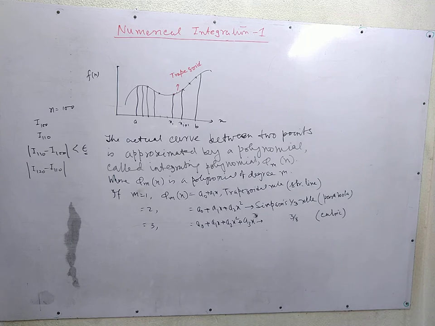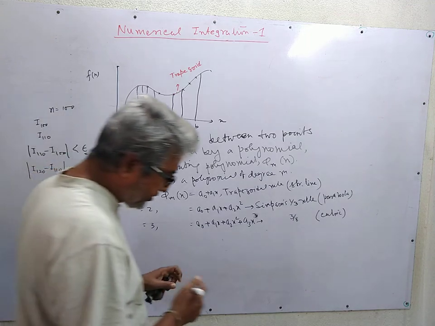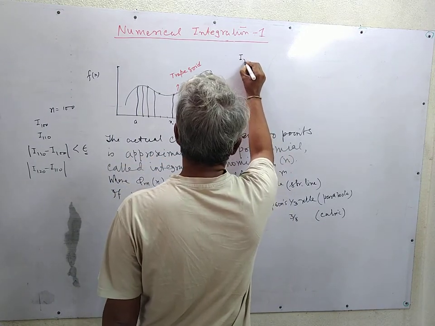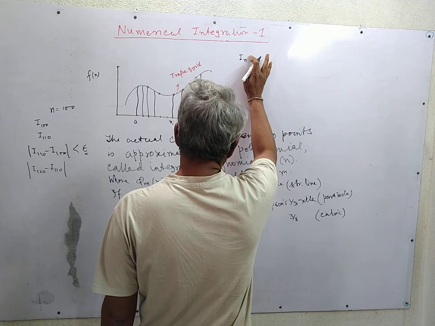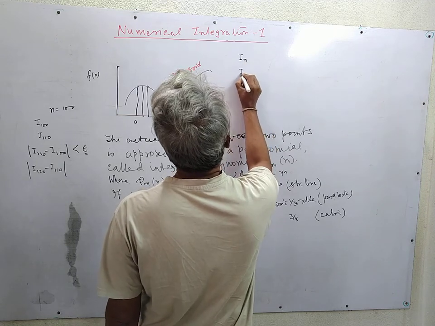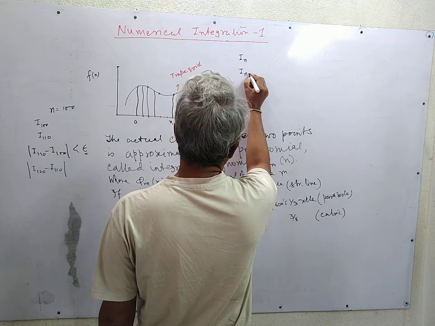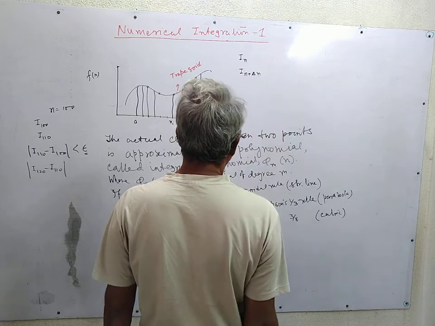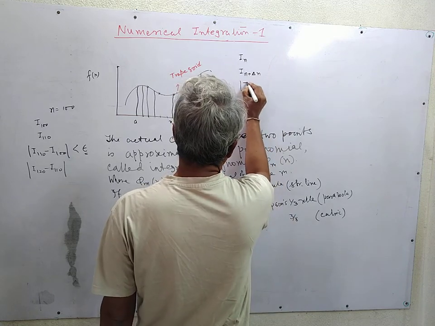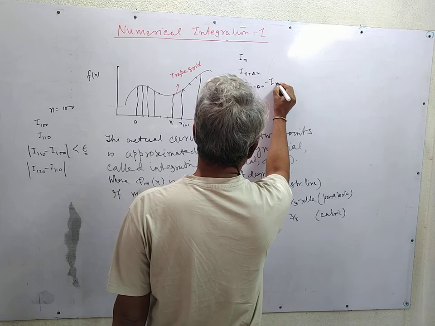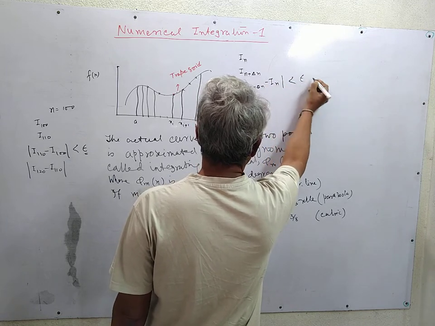That is to say, in numerical integration the convergence is tested by first evaluating the value of the integral In with n subdivisions, then we change n to n plus delta n and check whether I(n plus delta n) minus In is less than epsilon.